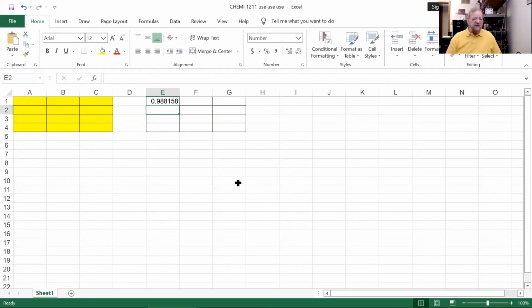Now, there's 2 ways, and I'll calculate both ways on my tests and finals, to round: either round off at each step or round off at the end. And by now, you should know I'm a round off at each step person. So I'm going to round that off to 3 significant figures, and that's 0.988.